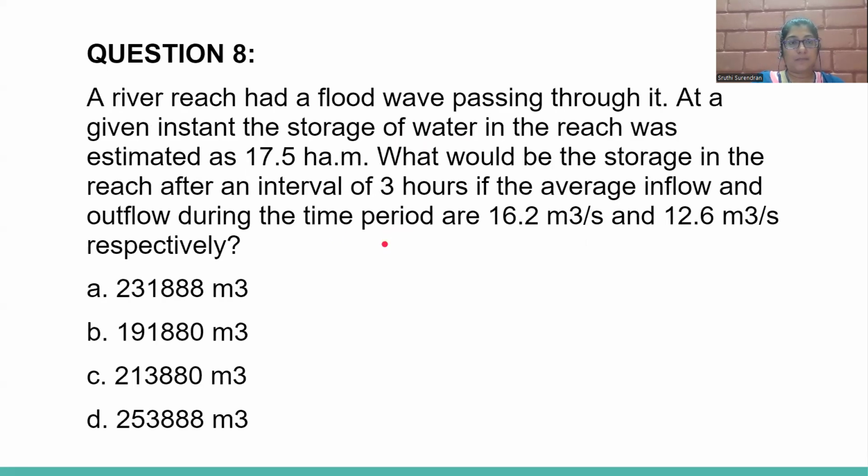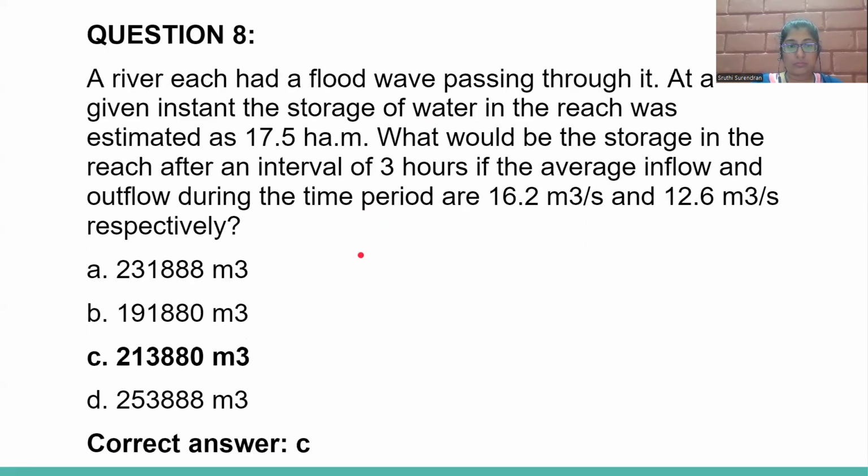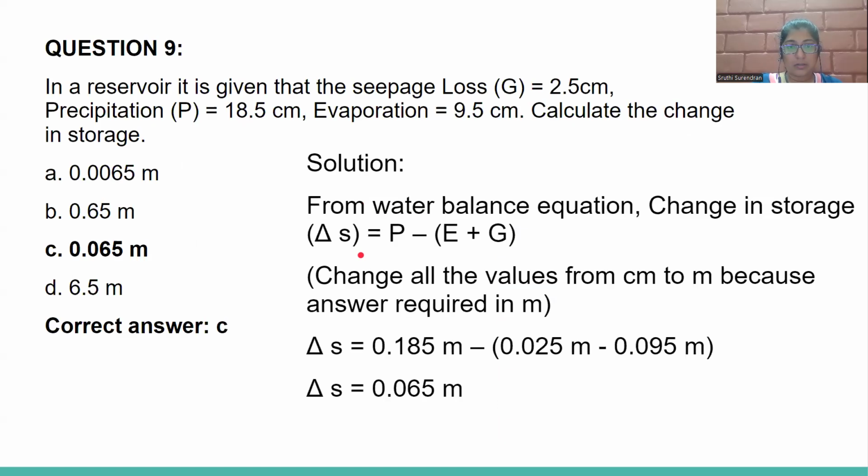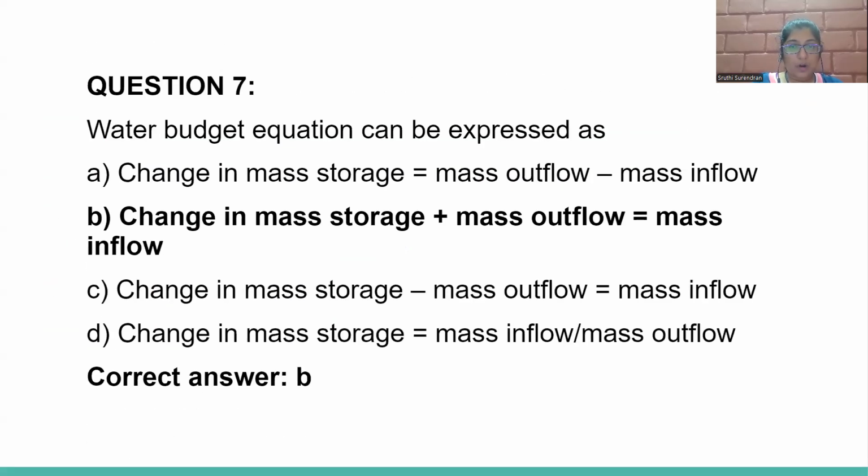Okay, so the water budget equation, I had an explanation here, but unfortunately the slide is not there. But I'll just write it down here. The water budget equation is nothing but, we talked about the water cycle.